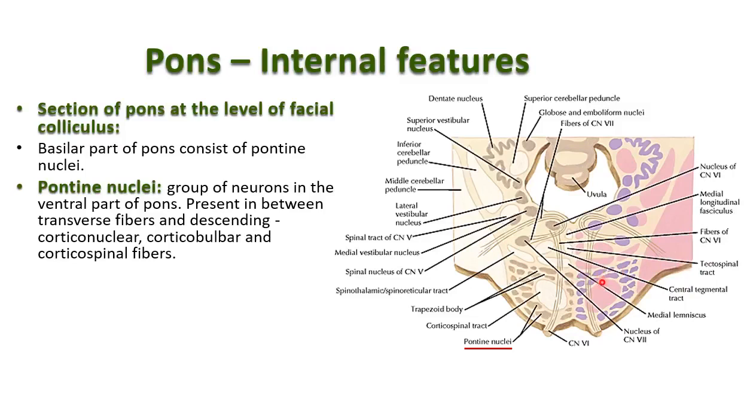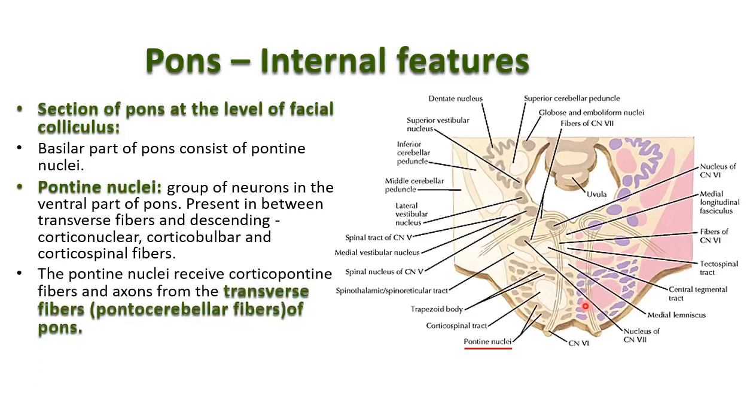In between the pontine nuclei and transverse fibers, you are able to see a discrete bundle of descending fibers going to the medulla and the spinal cord, and that is your corticospinal fibers.